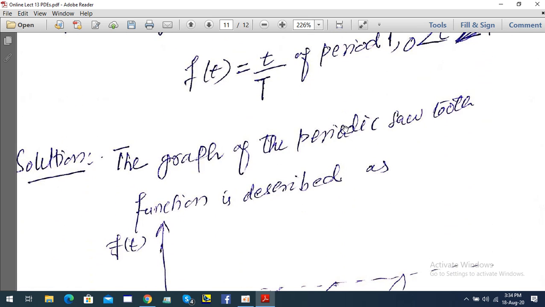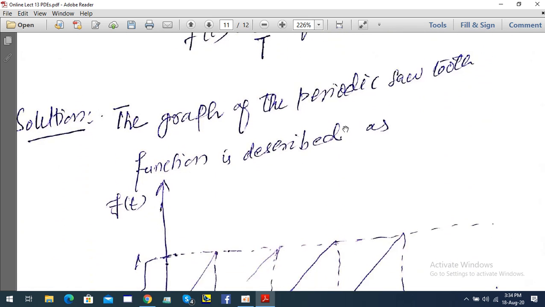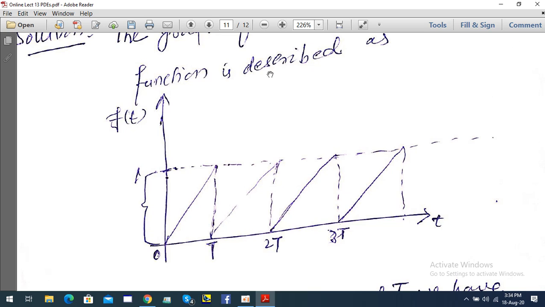You can see the graph of the periodic sawtooth function is described like this. It looks like the teeth of a saw, which is why I call it a sawtooth. You can see that when t is 0, the function value is 0.